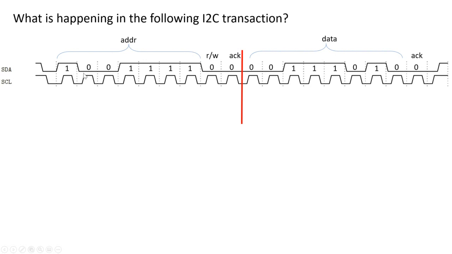I squared C is most significant bit first, I believe. So the address would be 4F. So it's a 7-bit address. So the first 3 bits is the first hex digit. The last 4 bits is the second hex digit. So 4F. Right?